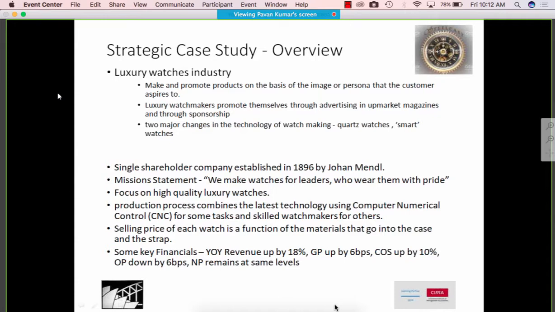Steelcast itself is a single shareholder company which was established in 1896 by Mr. Johann Mendel.